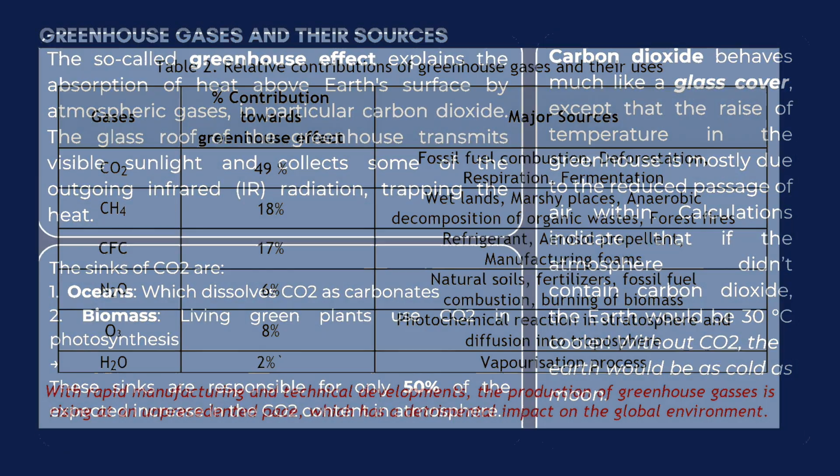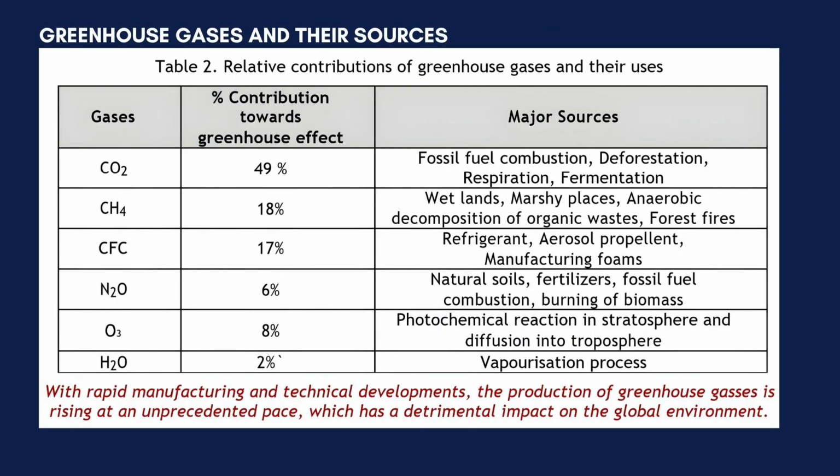Now let us look at the different greenhouse gases and their sources. The biggest contributor is carbon dioxide, which makes up 49%. Galing ito mainly sa mga fossil fuel combustion, deforestation, and even respiration. Next is methane at 18%.